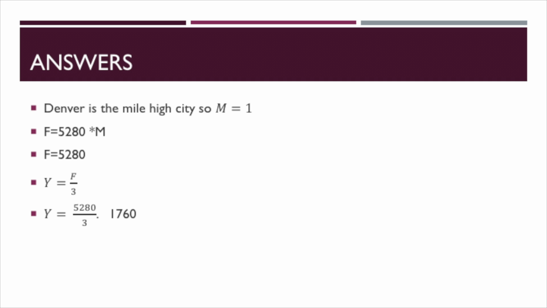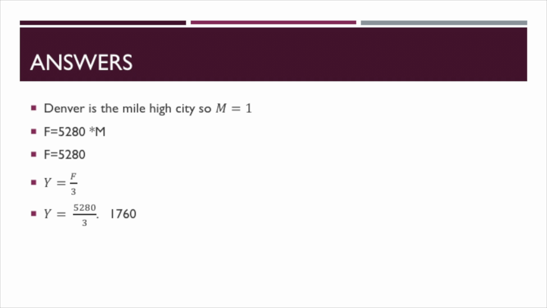Okay, so now let's take a look at the first part. Denver is the mile-high city, 1 mile, so m equals 1. We know from previous examples that there are 5,280 feet in a mile, so f equals 5,280 times m, so f is 5,280. Denver's elevation is 5,280 feet, and you probably know that because I talk about that all the time, but we never talk about it in terms of yards.